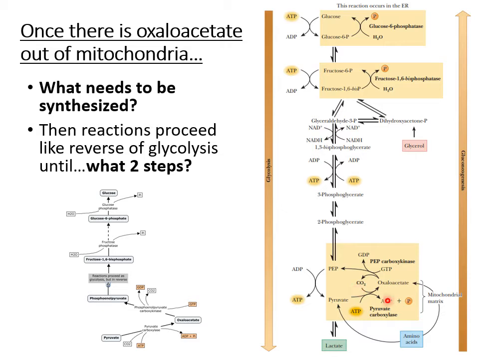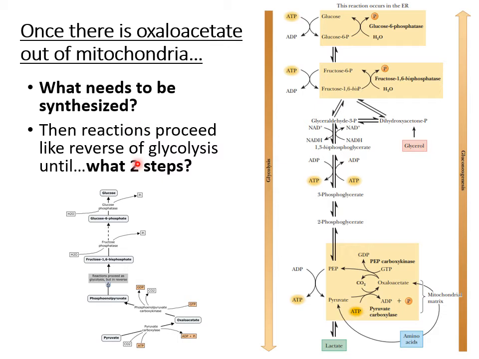Instead, the gluconeogenesis process has to use extra enzymes to get where it needs to go, to ultimately be as if it's the reverse of glycolysis. So we had oxaloacetate that we got through that malate intermediate. Now we have it converted to PEP through PEP carboxykinase. That's what needs to be synthesized.